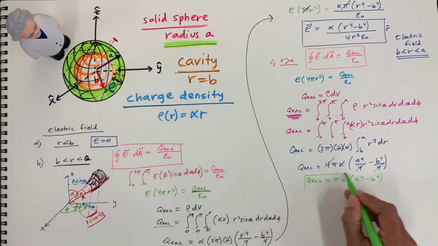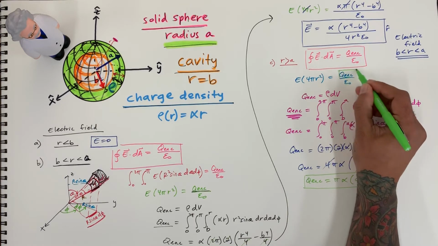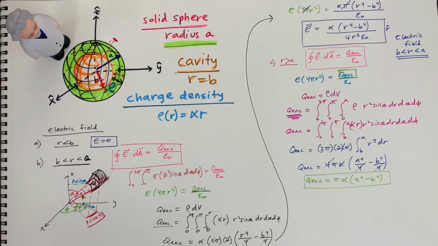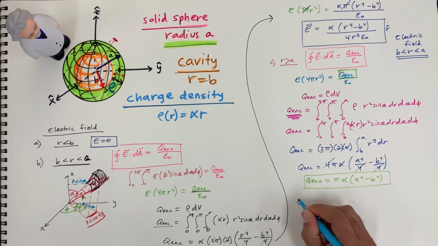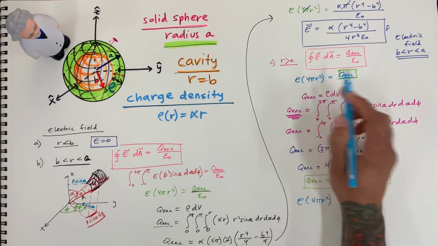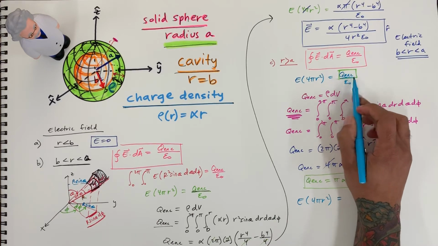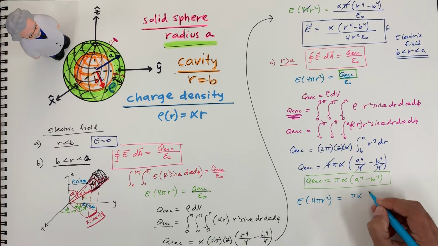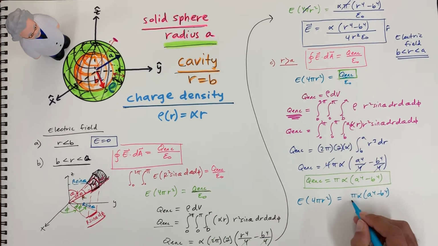Okay, so now let's plug this into our electric field equation, and we get here electric field of 4 pi r squared. I left it on the left side for a second. Well, what did we get for q enclosed? This expression here, right? Alpha a to the 4th minus b to the 4th over epsilon naught.